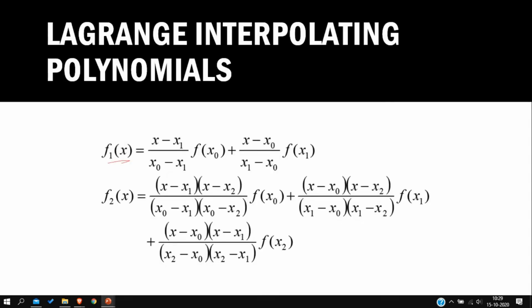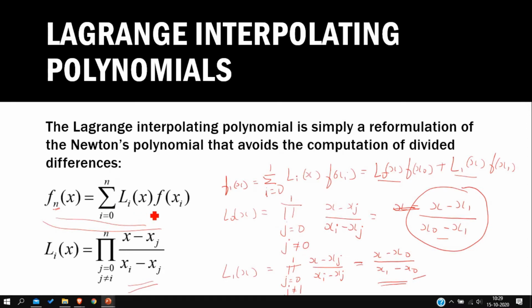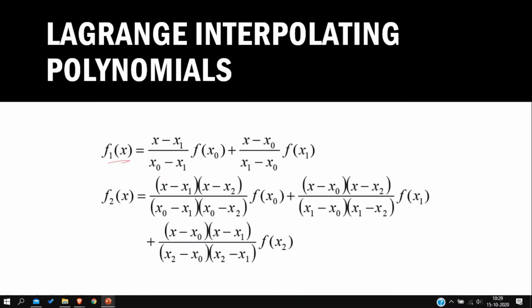Before going further, to remember these things, this equation is actually very simple. Either you remember the previous representations, from which you can derive it, or the other method is, see, this term goes increasing, that is f of x0, f of x1 and f of x2.